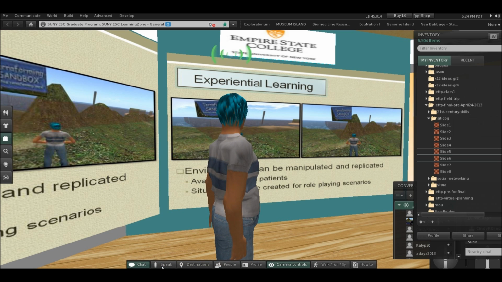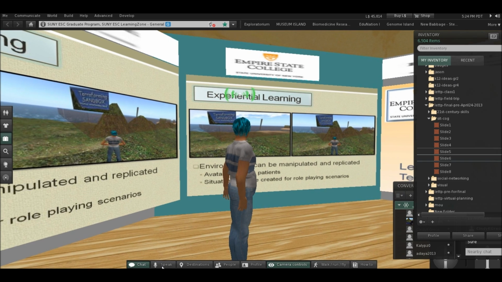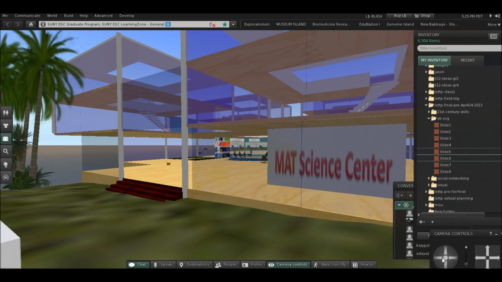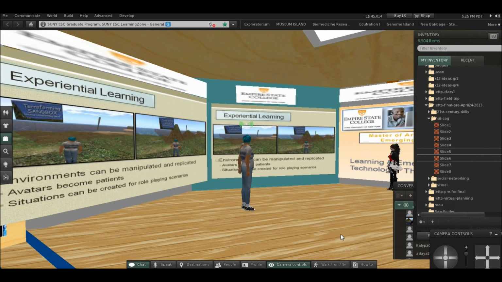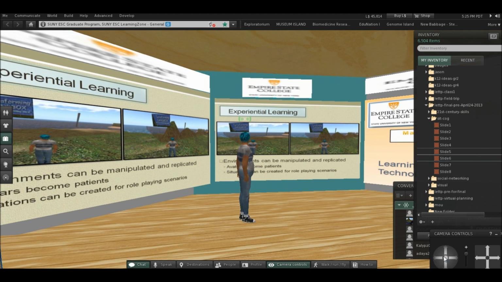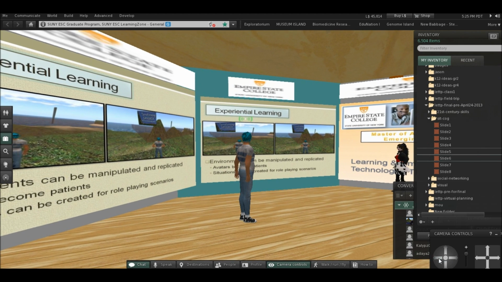Not at all. So the hands-on nature of virtual or mediated realities is also something that you just can't do in many classrooms. And the fact that situations can be created expressly to teach a topic, and they're replicable.